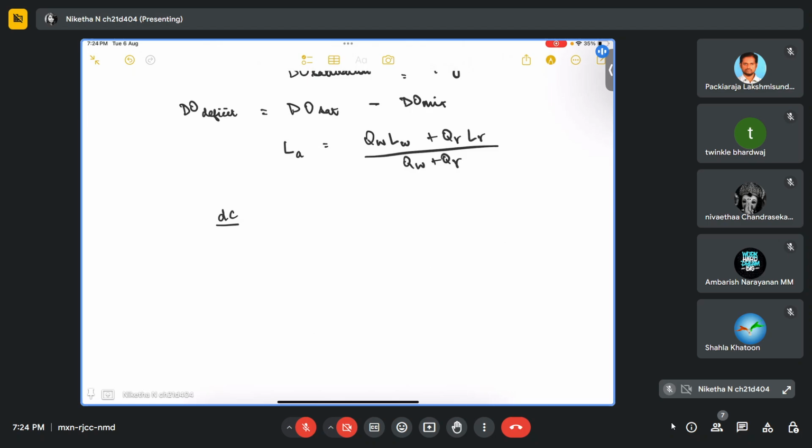So the rate of change of oxygen concentration in the river is going to be this term here, which is called the rate of reaeration. It can also be written as follows.